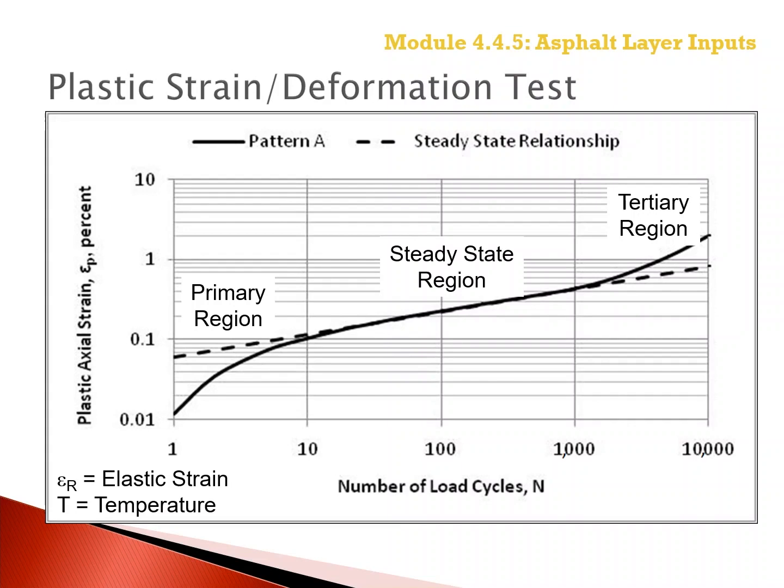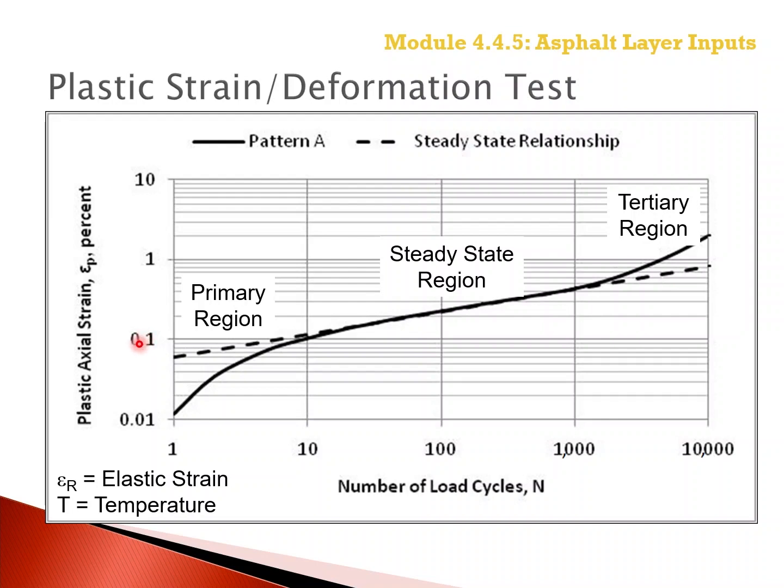The cumulative plastic deformation, or axial strain, outcome from the repeated load plastic deformation test is illustrated in this chart by the solid black line, which is the log of the number of load cycles versus the log of cumulative plastic axial strain measured from the repeated load plastic deformation test.